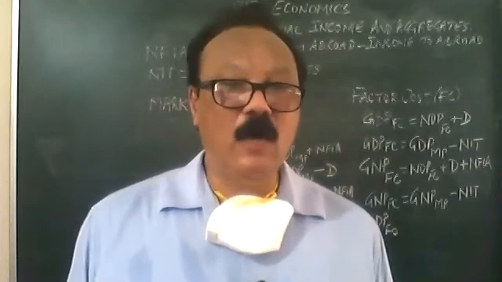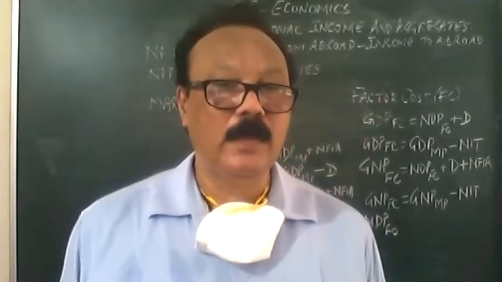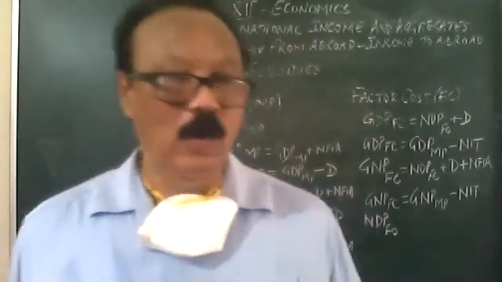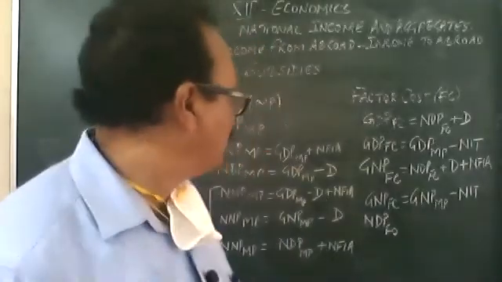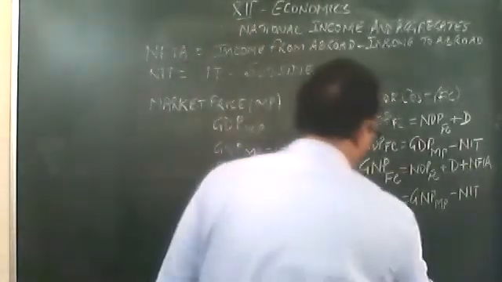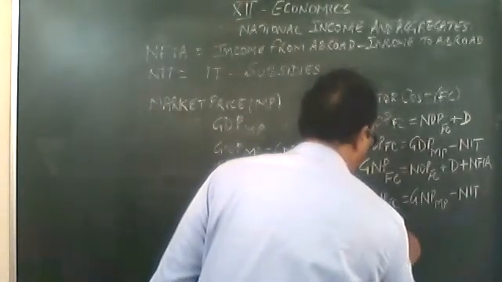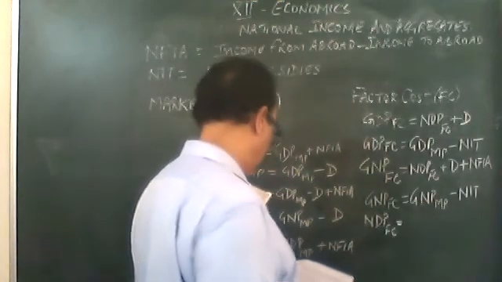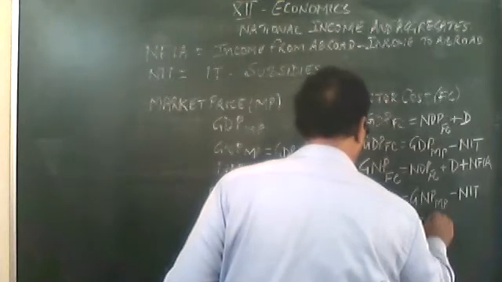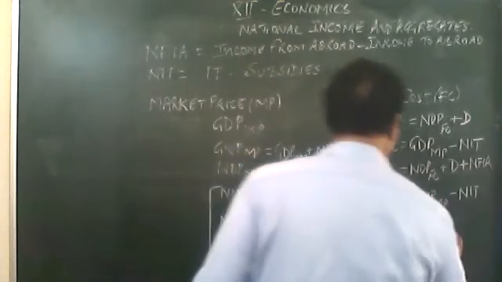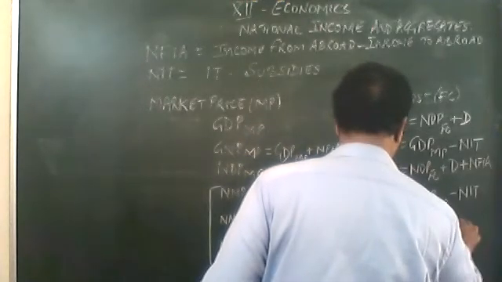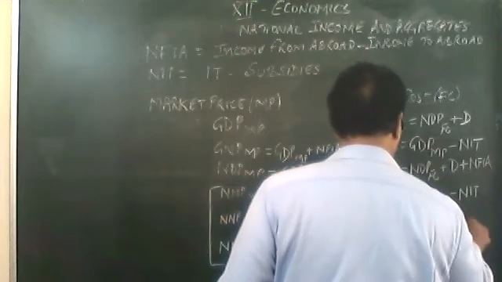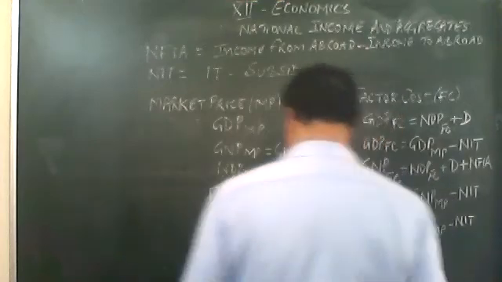NDP at factor cost is also known as domestic income, and this is calculated as NDP at market price minus NIT.